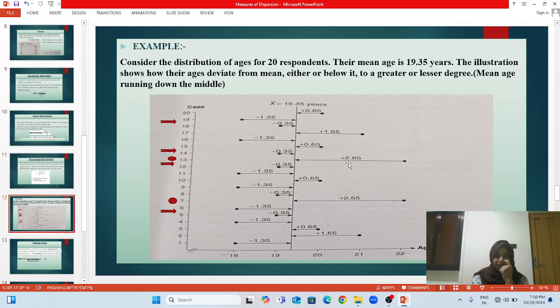Their age is very distant from the central value, that is 19.35. Here each individual's age is very important, and this spreading of data is an example for standard deviation.